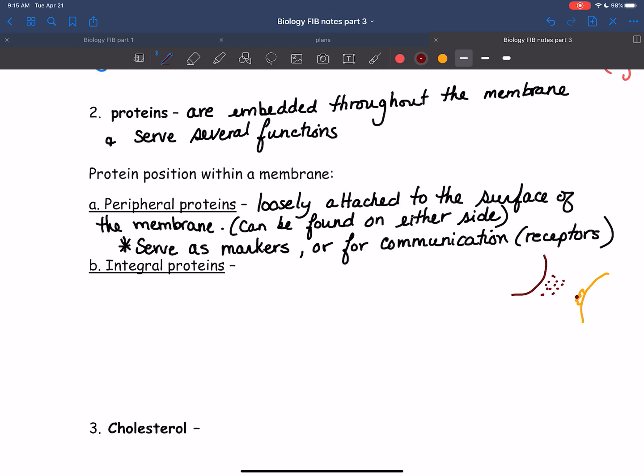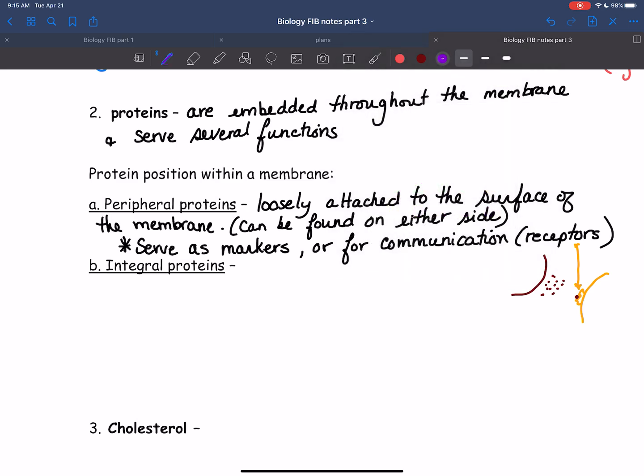So that would be the receptor, that receives a chemical from one cell in order to cause a response in another, okay?